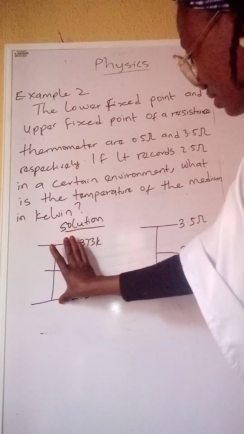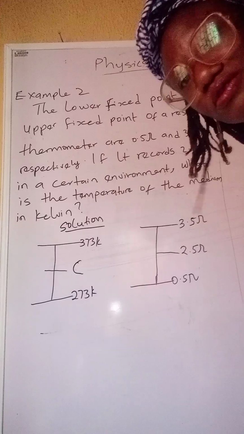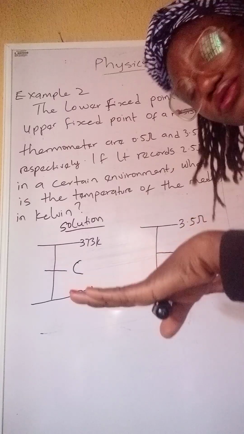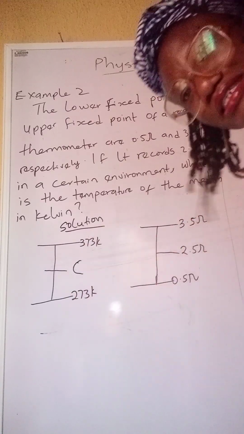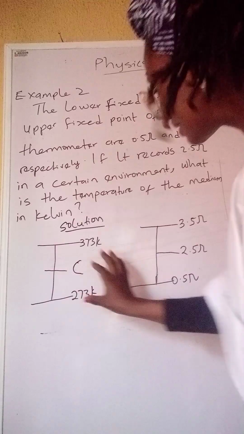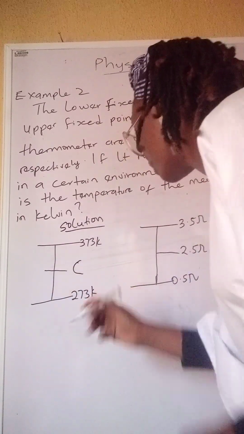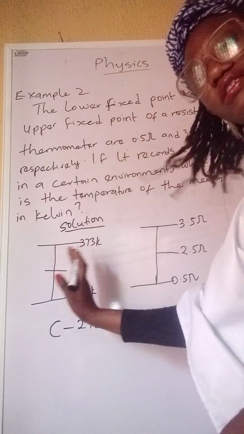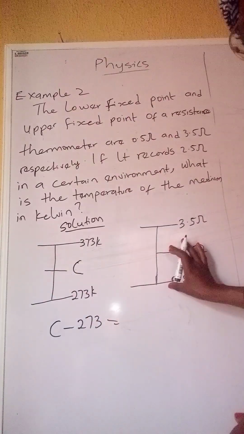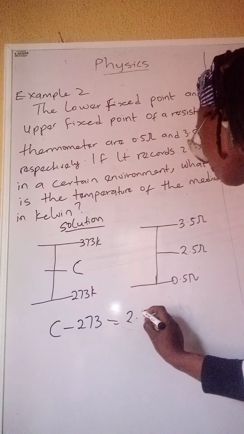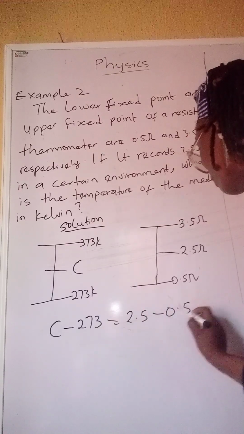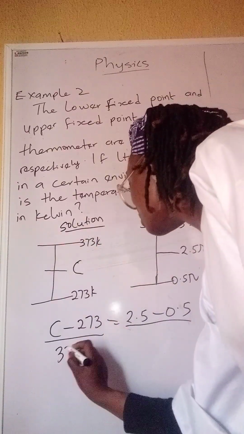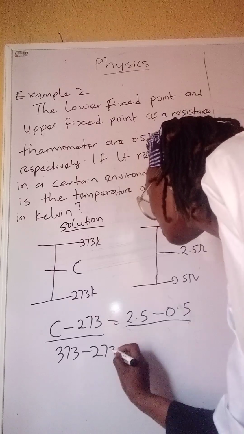Now, like I said before, this gap is equal to this gap. Then this big gap is equal to this gap at the denominator. This is equal to this on the numerator, and this is equal to this on the denominator. So we have C minus 273 is equal to, for this side, this gap: 2.5 minus 0.5, all over the larger gap, which is 373 minus 273.